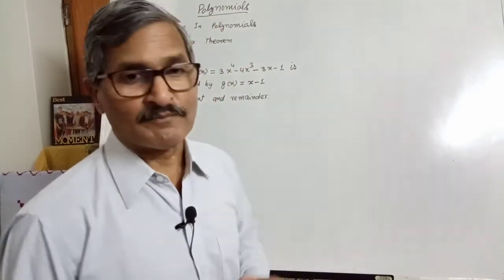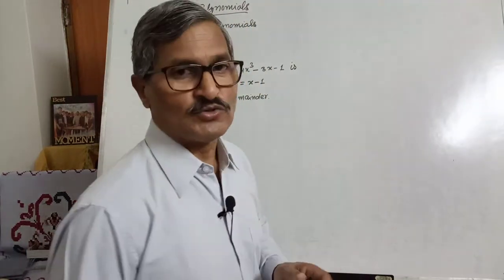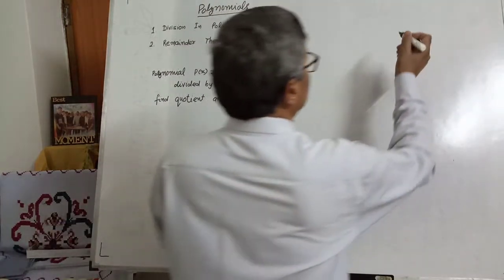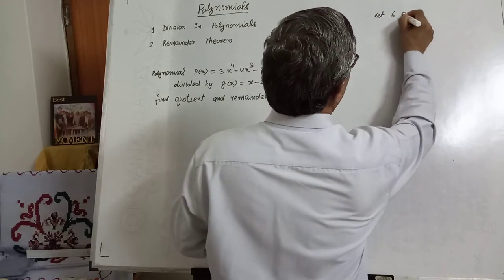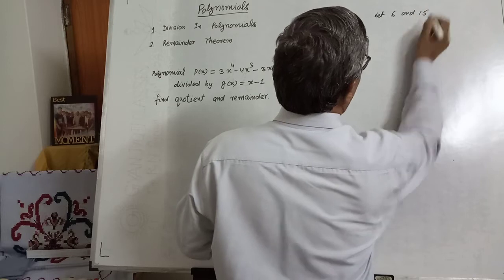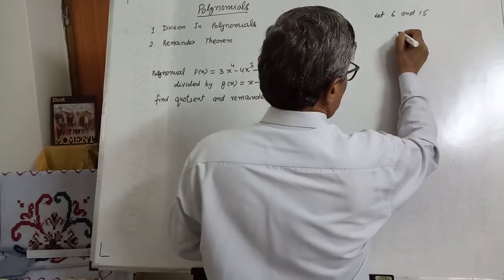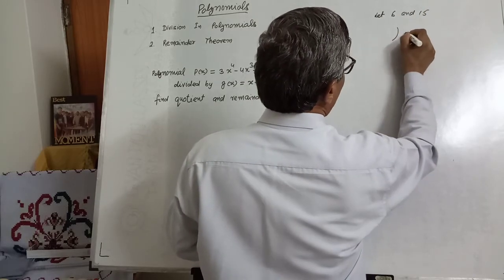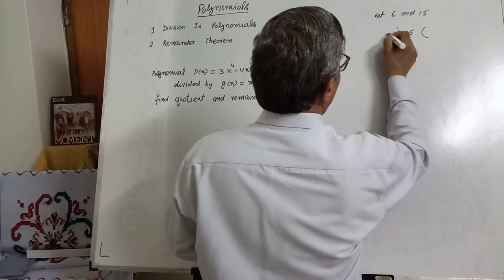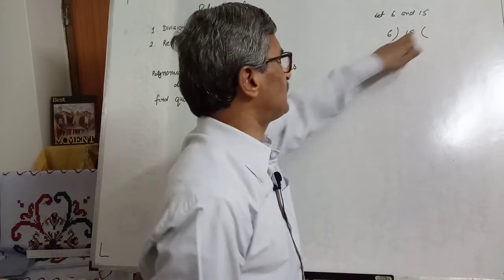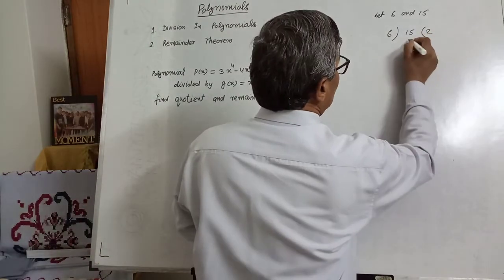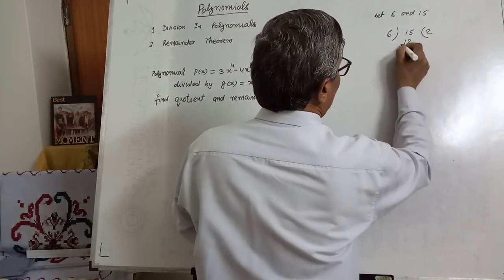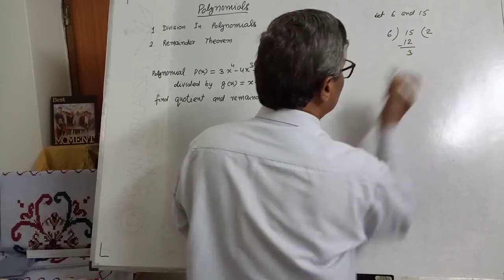As you know, in the number system, in natural numbers, suppose that there are two natural numbers, 6 and 15. When this 15 is divided by 6, it is going 2 times, 6 2s are 12, minus this will give 3.